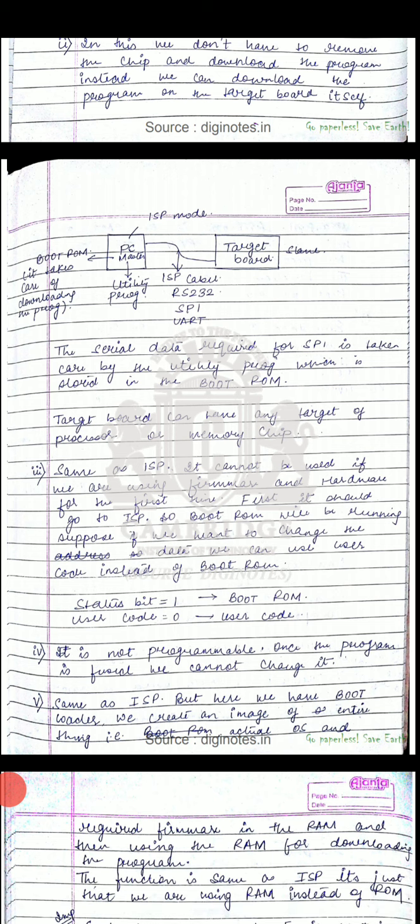So here we use RAM instead of ROM. In system programming we use the boot ROM, whereas in firmware integration for OS based system we use RAM for inserting the required program into the embedded system.